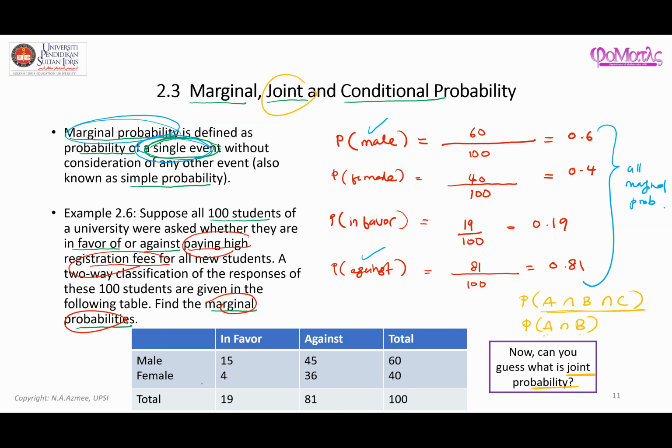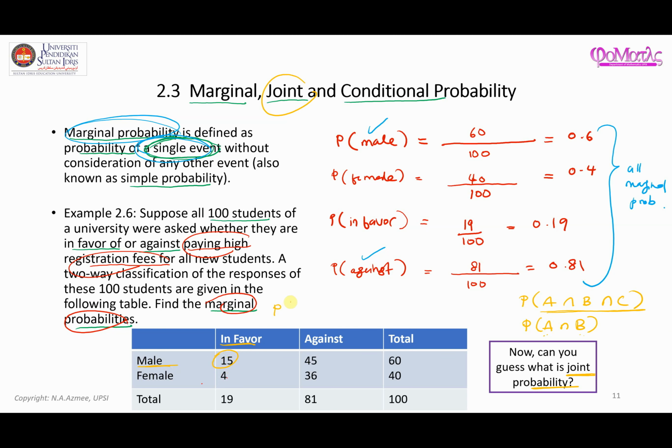So from this table, you can see clearly that there are a few joint probabilities. For example, this one is the intersection between male and in favor.